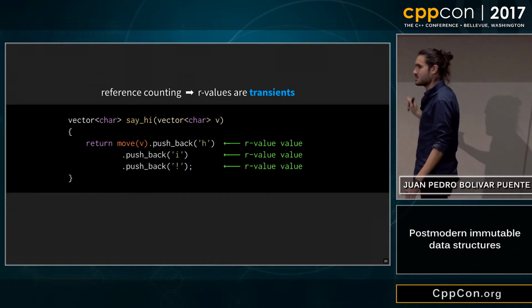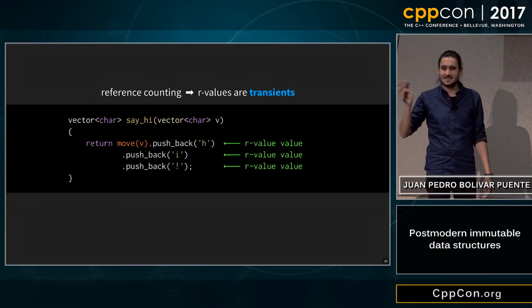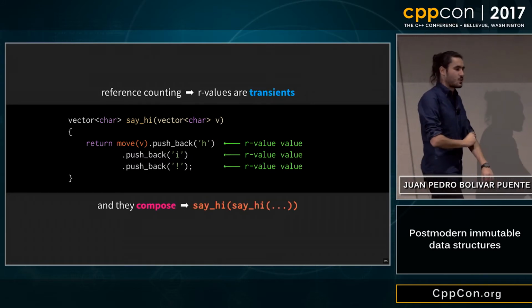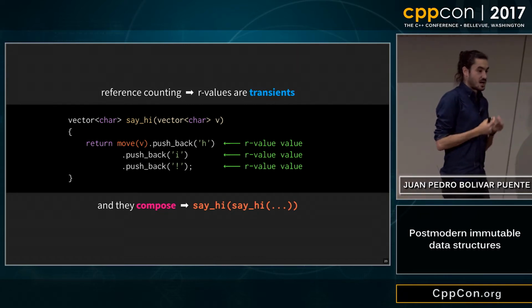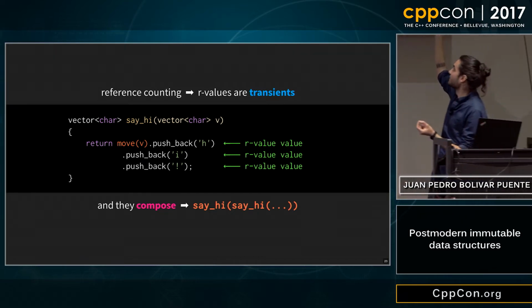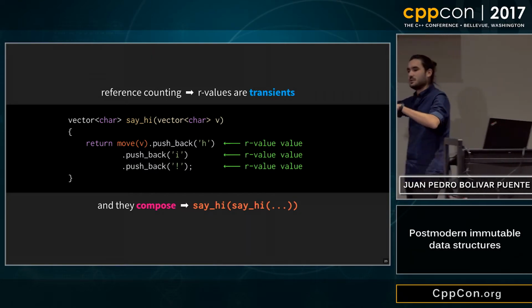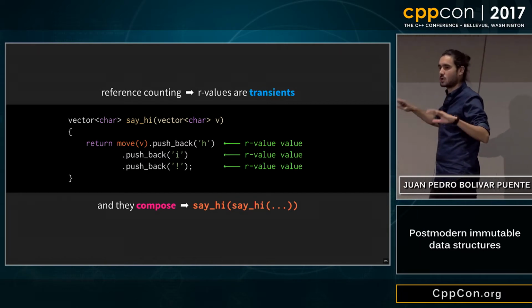Once we do this, we're really using linear types here, if you know about Rust and other advanced type systems. And now transients start to compose. I can call this function twice, pass the return of this function to the next one, and there are going to be, in this whole call, no superfluous copies whatsoever.